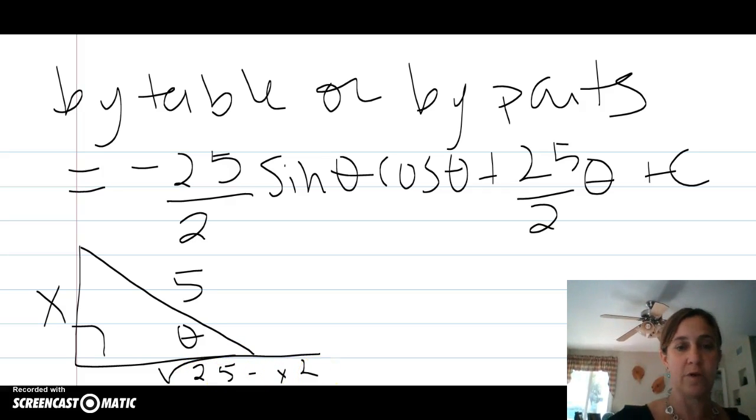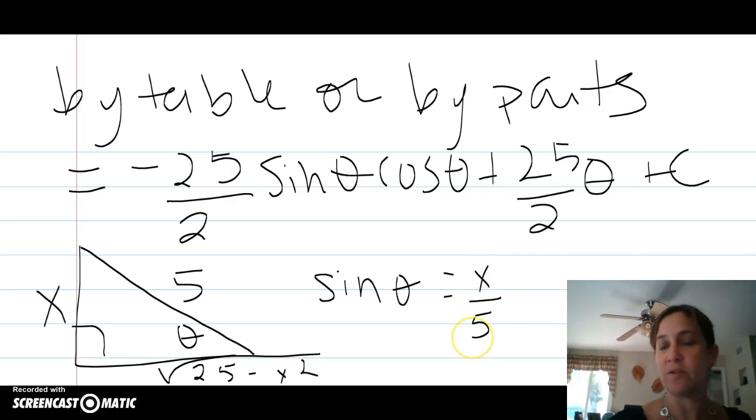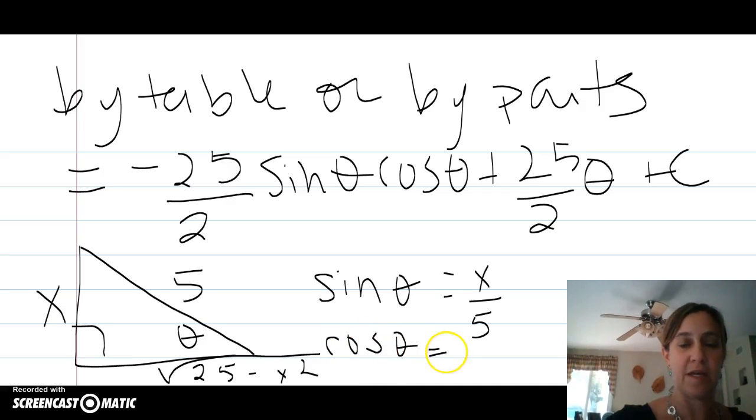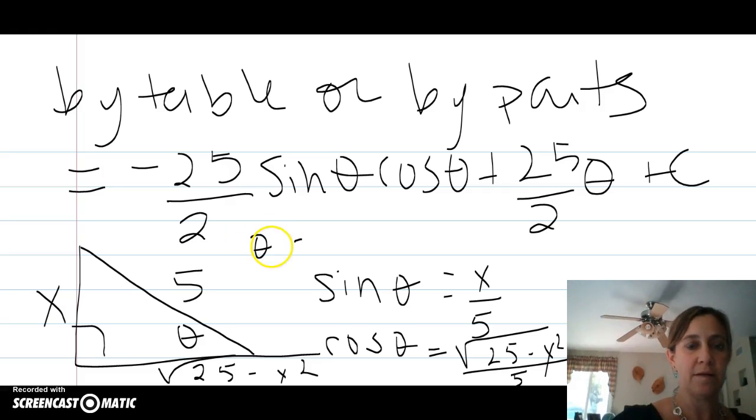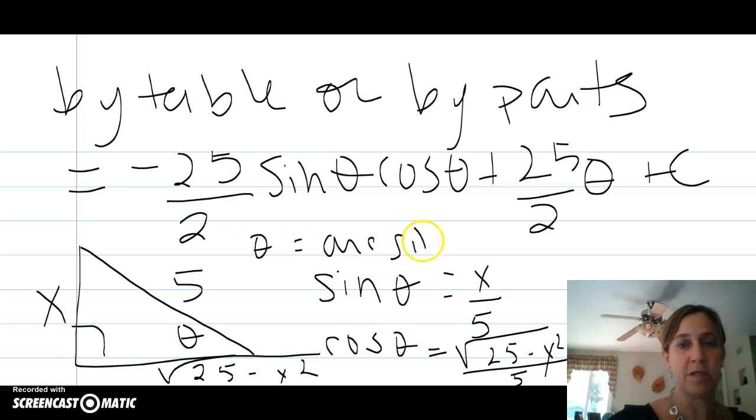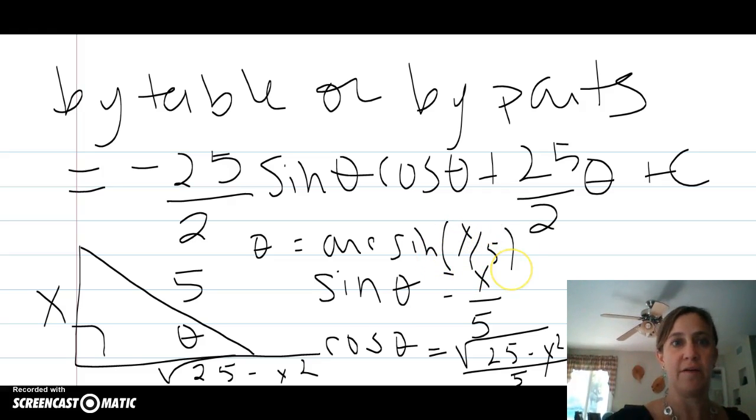Some simple right triangle trig lets me realize that the cosine of theta, which is adjacent over hypotenuse, is the square root of 25 minus x squared all over 5. And theta itself, if the sine of theta is x over 5, would be the arc sine or inverse sine of x over 5.